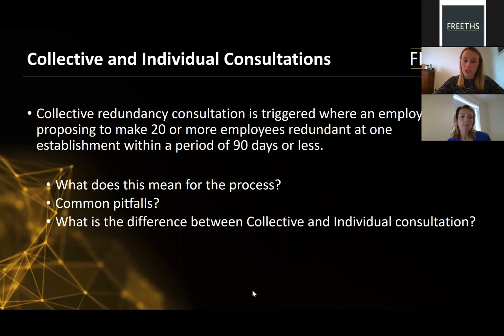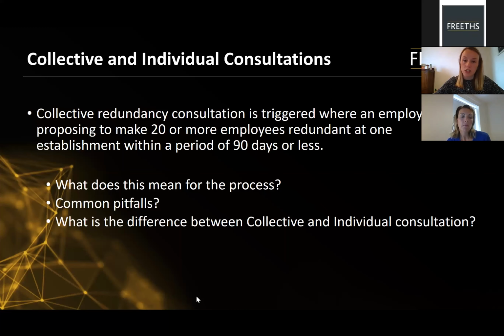The purpose of the collective consultation is undertaken as a means of avoiding redundancies, reducing the numbers and mitigating the consequences to the employees. And it also needs to be undertaken with a view to reaching agreement. Now, obviously, we all live in the real world. Agreement is not always going to be reached, but it's really important that this isn't taken as simply a tick box exercise.